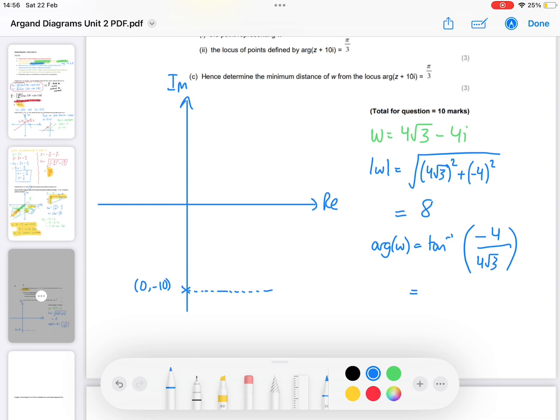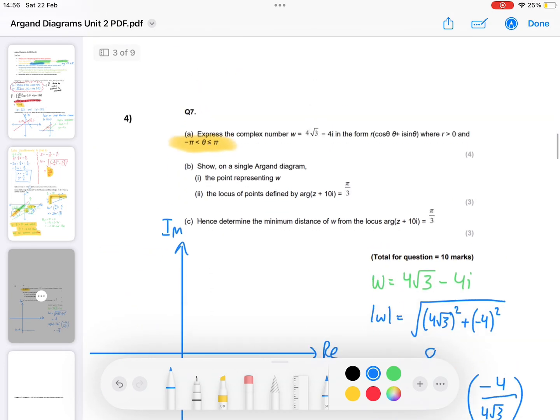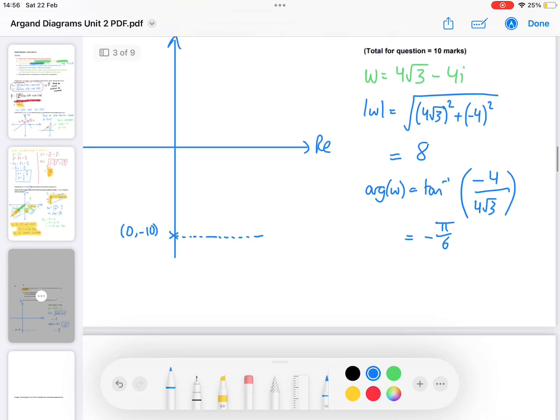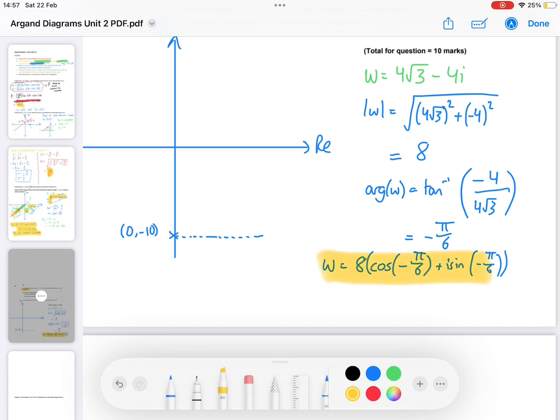If we do that, we get minus pi over 6, which is in the correct range of minus pi to pi. So w is 8 cos minus pi over 6 plus i sine minus pi over 6. That is w in modulus argument form.